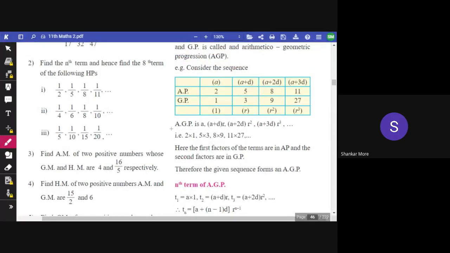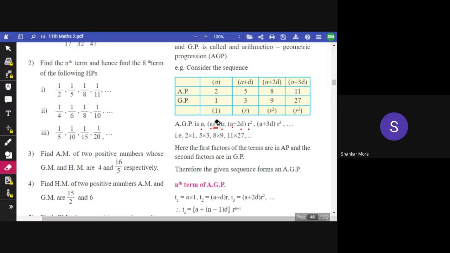First term is A. In AP also the first term is A, in GP also the first term is A. So the second term for AGP is A plus D multiplied by R, the second term of AP multiplied by R. After that, A plus 2D, that is the third term of AP, multiplied by R square, and so on. So this is AGP.